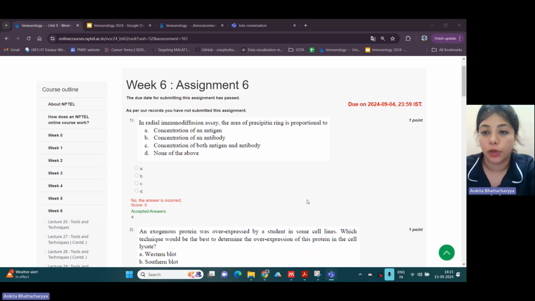Based on that, we plotted a standard curve, where for each concentration the area of the ring could be noted, and the area of the unknown precipitin ring helped us in determination of the actual concentration. So the correct answer becomes option A, the concentration of an antigen.